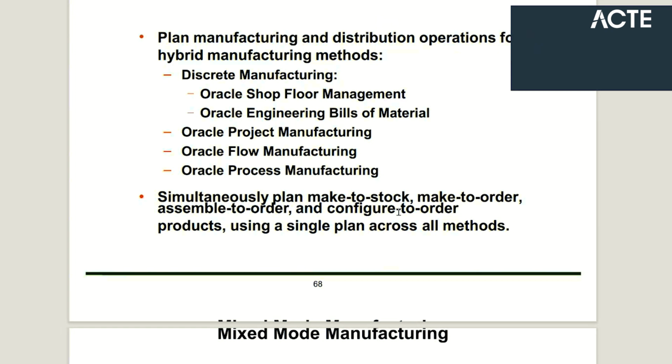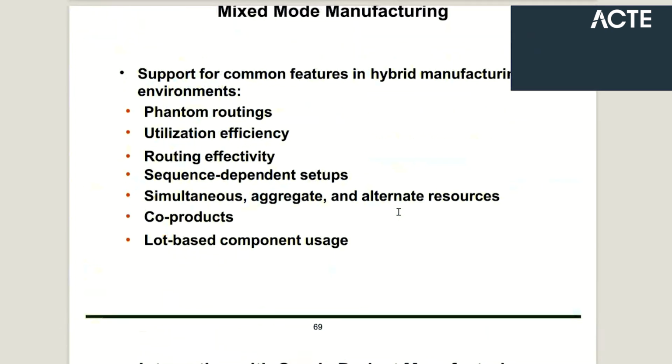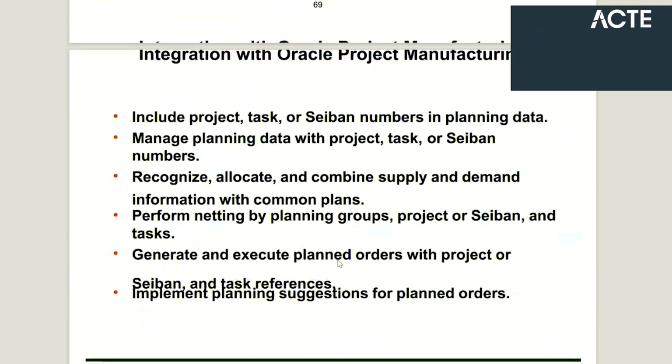You manufacture the things accordingly. Now, the manufacturing environment includes phantom routings, utilization efficiency, routing efficiency, sequence dependent setups, simultaneous aggregate and alternate resources, co-products, and load-based component usage.